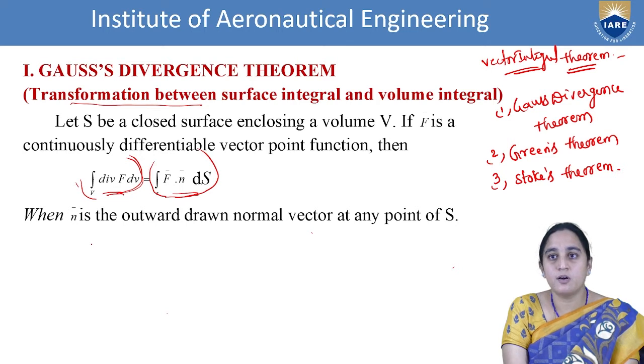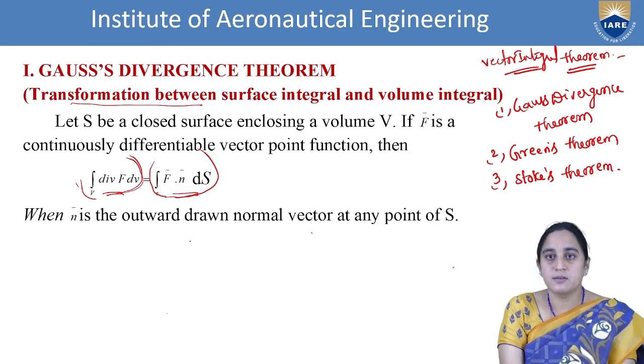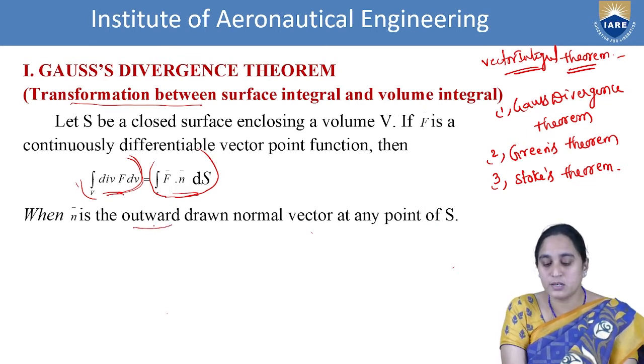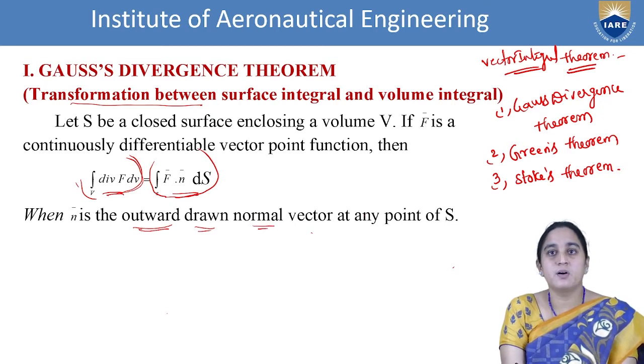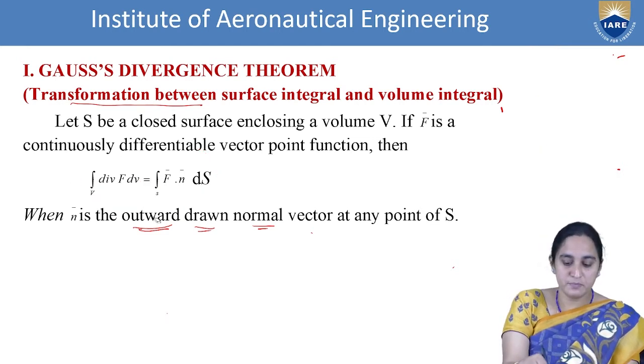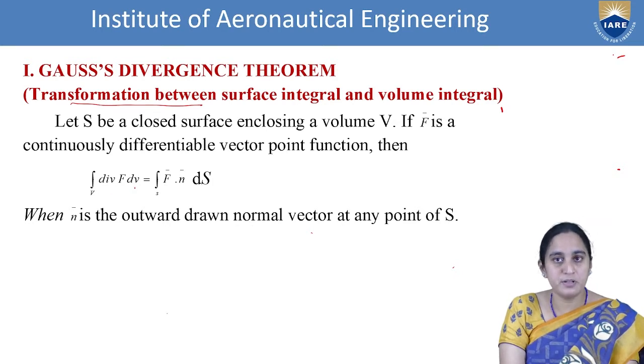N bar is the normal vector, the outward drawn normal vector at any point of S. This is the theorem statement of the Gauss divergence. Mainly, the use of this theorem is transformation between surface integral and volume integral.